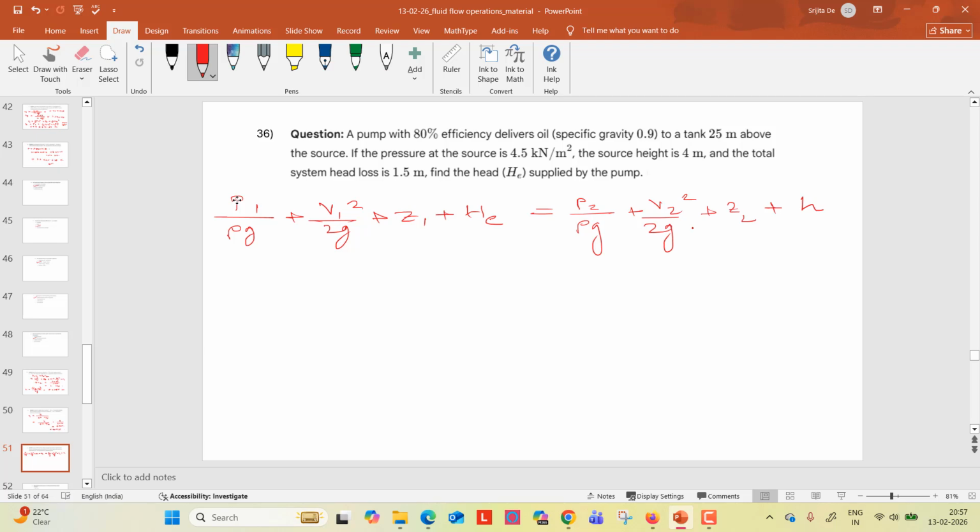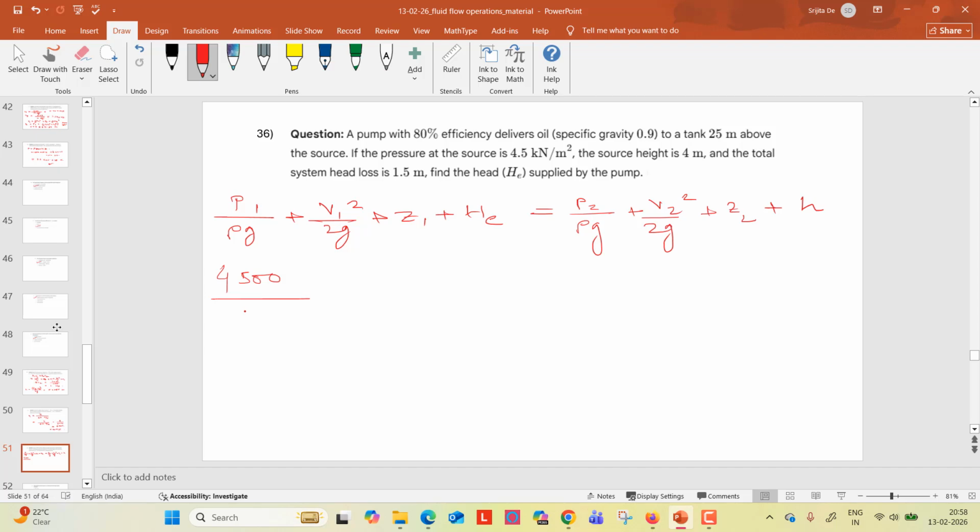As the velocity is not mentioned and it is talking about the large tank, V1 and V2 will be 0. So there is no kinetic head, right? P1 is 4.5 kilonewton, means 4500 Newton by, this is water or what?